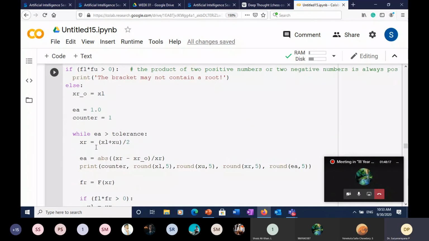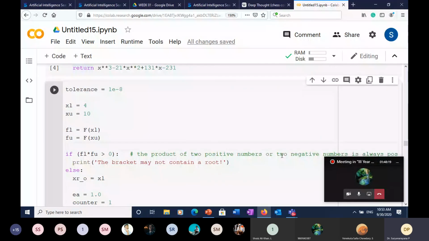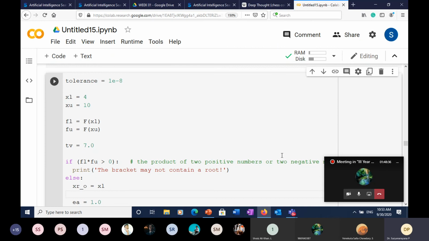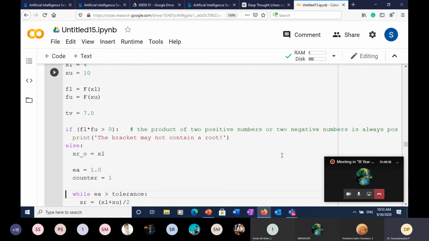What is the value? 4, 7. So the true value of the solution here is 7. I told you before, in reality, we will not know the true value. This is for demonstration, for academic interest. I have chosen a problem which has a true value, and we know the true value, 7. And in this process, we're trying to calculate that 7.